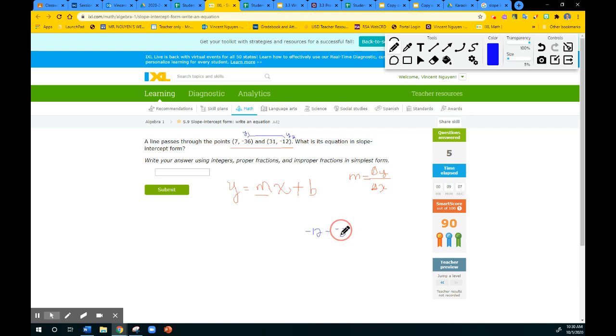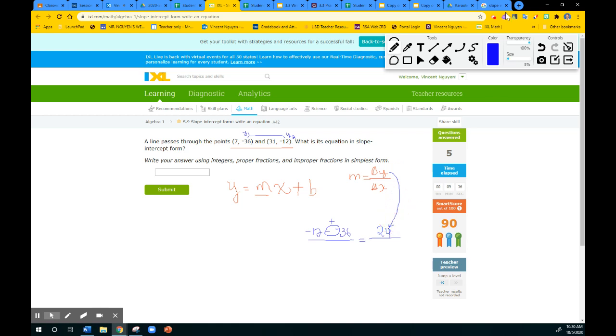So this is where you have to be careful, or use a calculator when you deal with these kinds of signs, negative and negative, right? When you have too many negatives, just keep the signs where they belong. So negative 12 plus 36, this is plus 36, would give you, I think, 24. So that's the change in the y value.